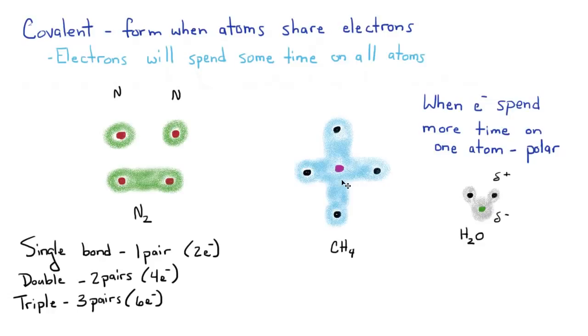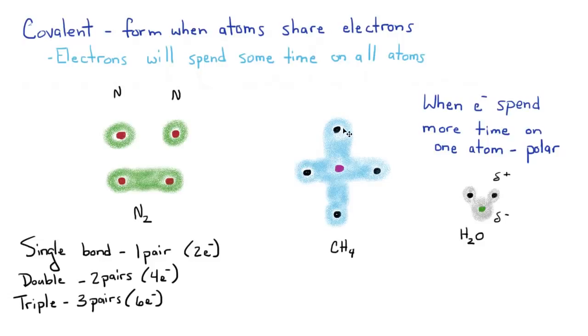The same thing happens here with methane, CH4. Electrons are all shared. There's one electron from hydrogen, shares with one electron from carbon. Carbon has 4 electrons that can be shared, so it's going to share all 4 electrons with 4 different hydrogens.